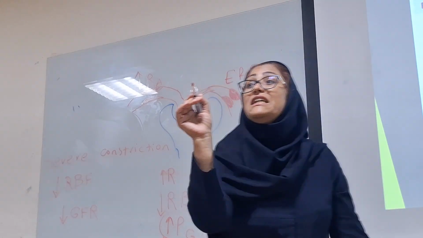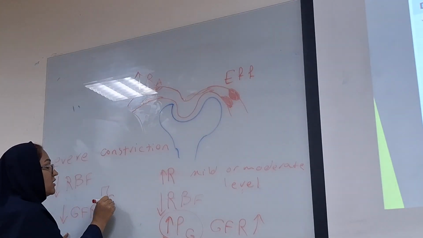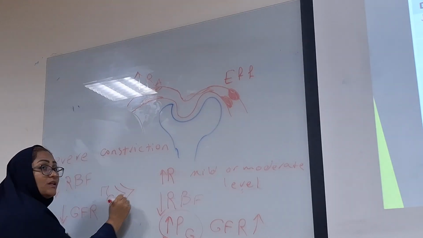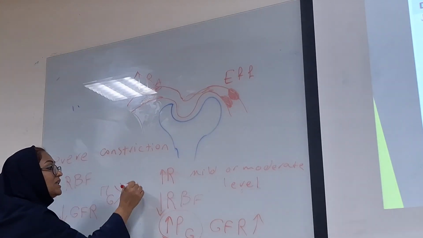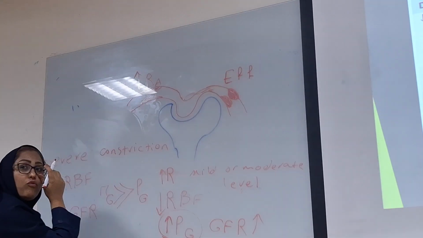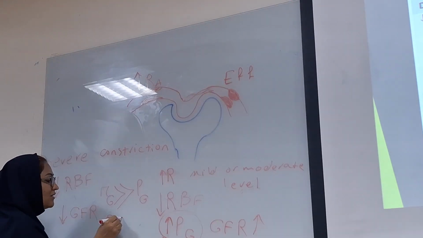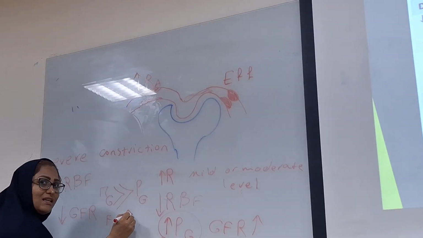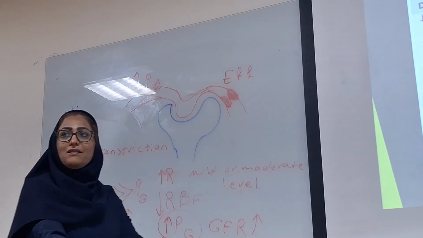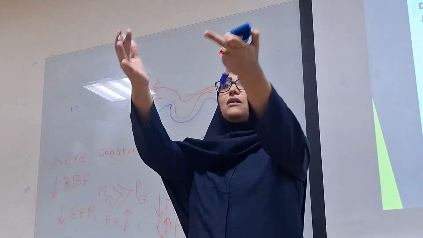Glomerular pressure still increases, but the increase in pi G is more than the increase in PG. Why? Because filtration fraction increases, since blood has enough opportunity to be filtered.